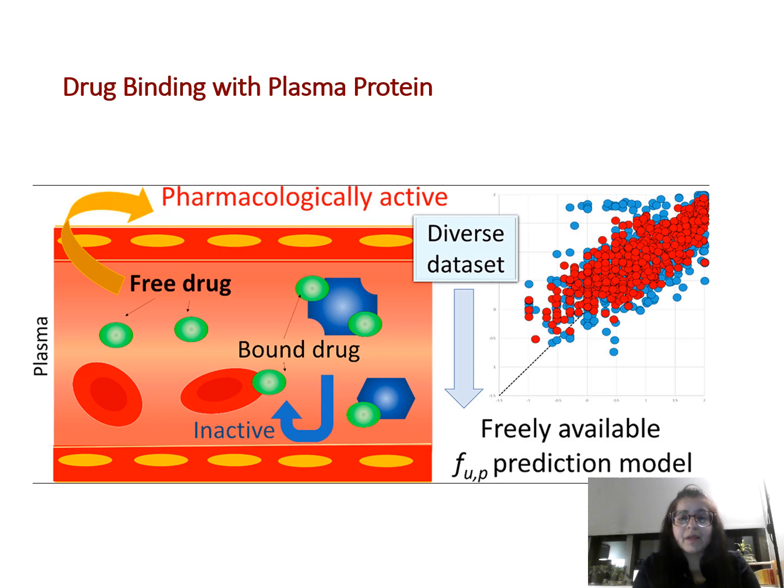Then less free drug would be available to reach the specific target protein at the target site. So in this case, the drug would have less efficacy, a lesser effect.